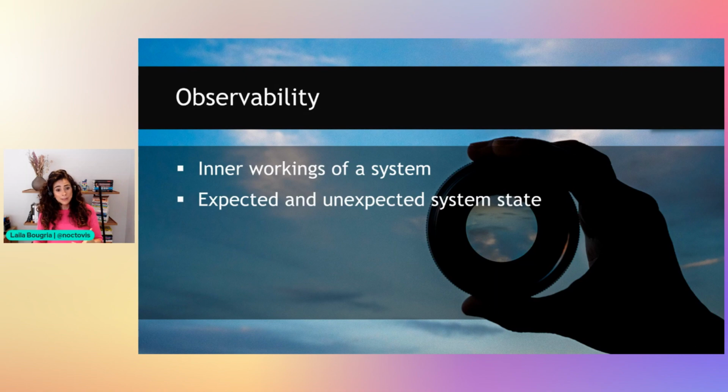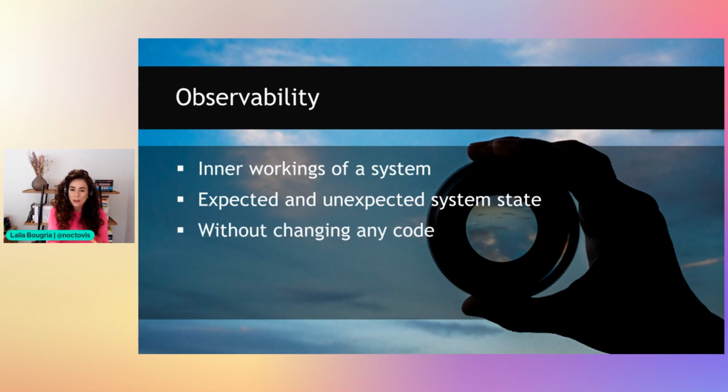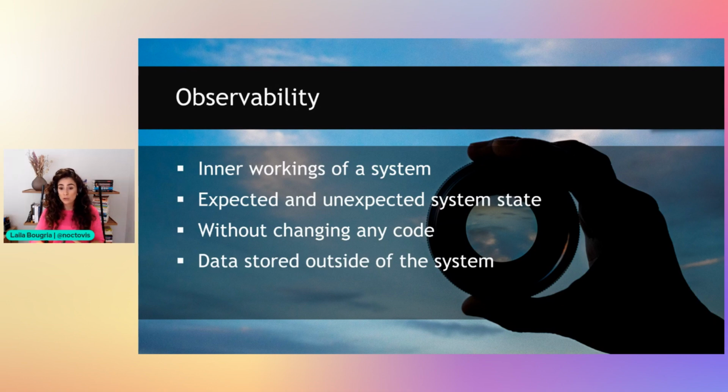Now, the tricky part is that we need to achieve that without changing any code, without shipping any new versions. So it's not like earlier, oh, let me add some log statements. No, that is not what an observable system is. An observable system means that you already have that in place and you can go into a database that has data stored completely outside of the system, not inside your business tables, where it's just collecting telemetry about your system and how it's behaving.